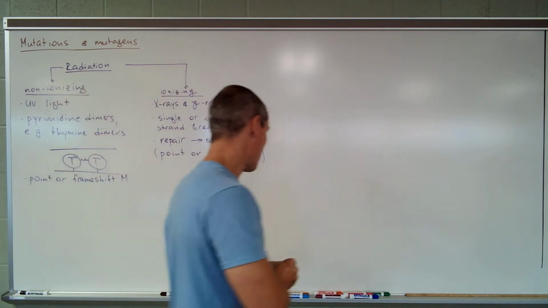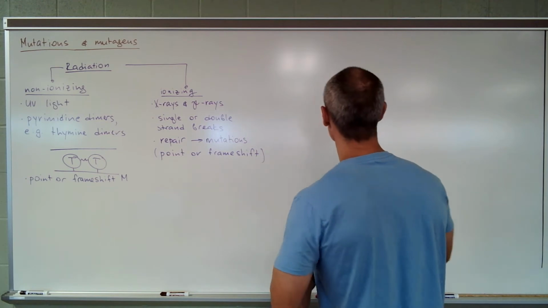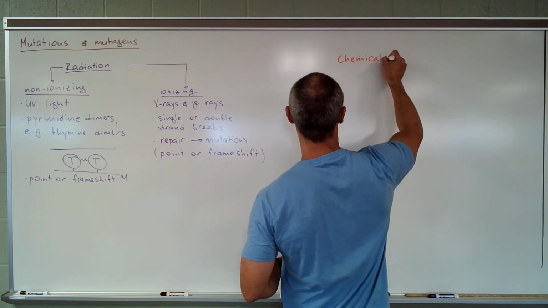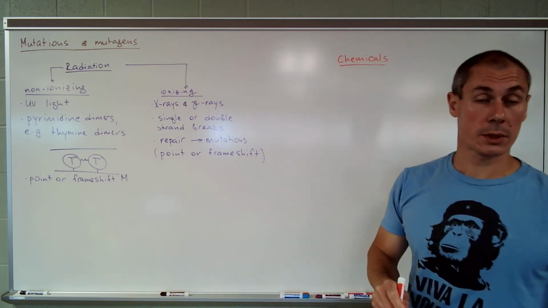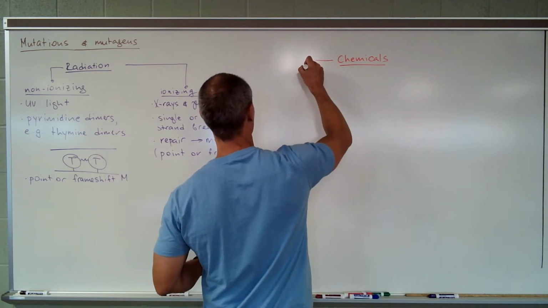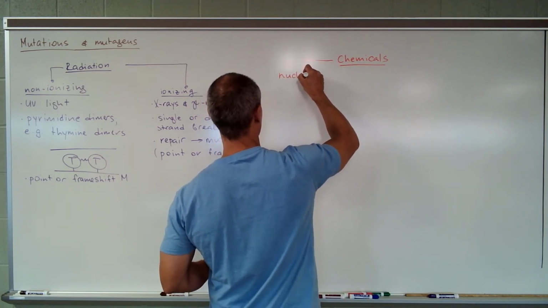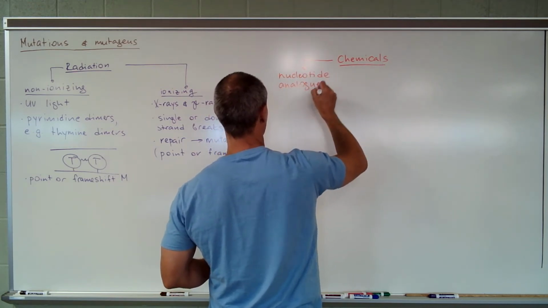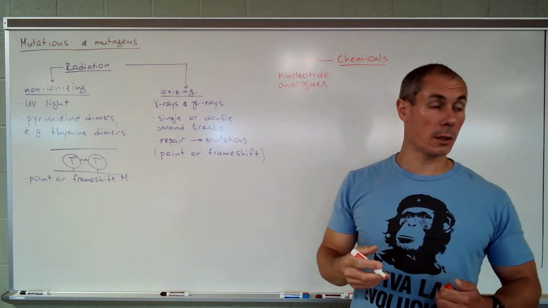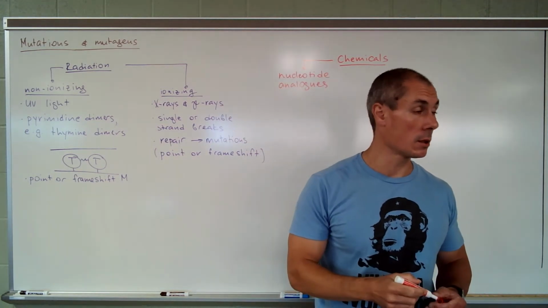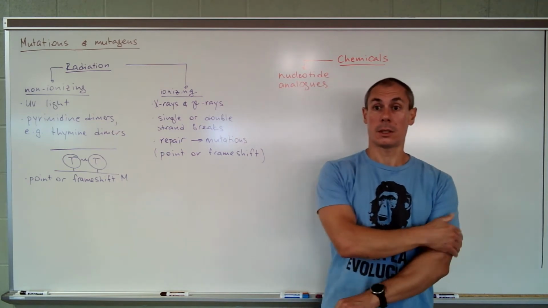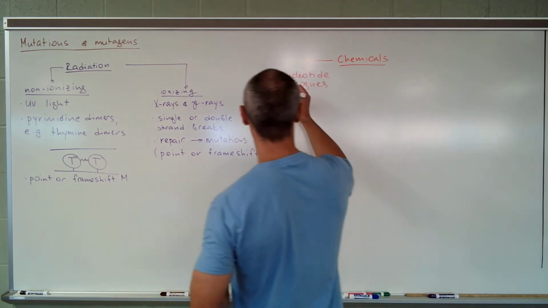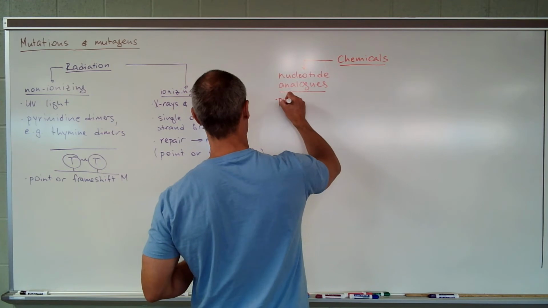Now what about chemical mutagens? So chemical mutagens can be divided broadly into three groups. The first group being nucleotide analogs. So imagine that during the DNA synthesis, the nucleotide that is inserted is not a proper one, neither A, G, T, or C. So that results usually in the point mutations.